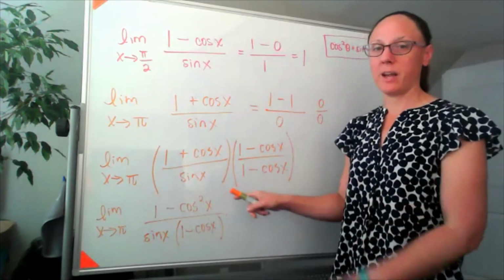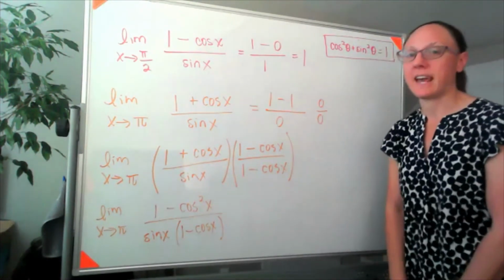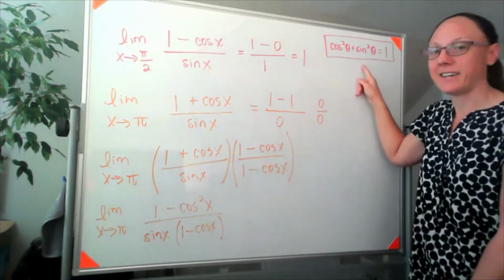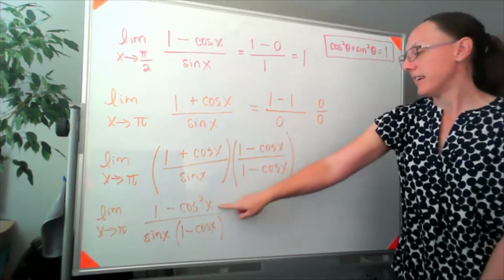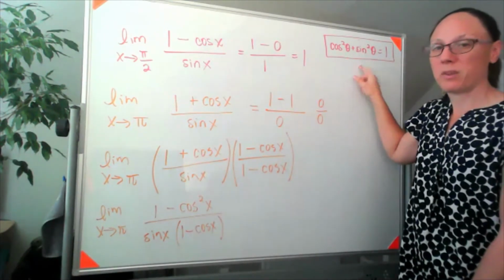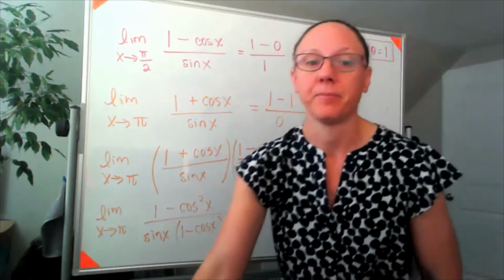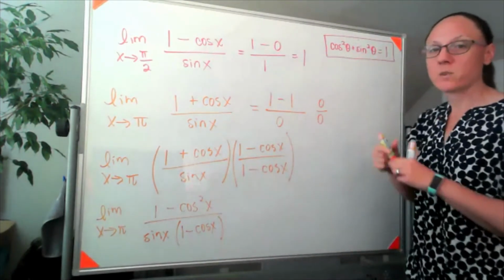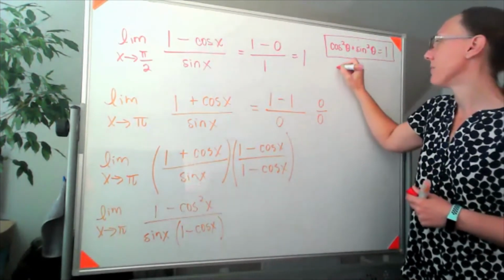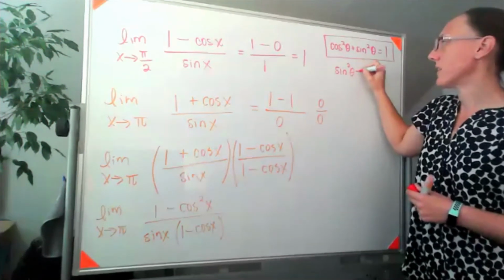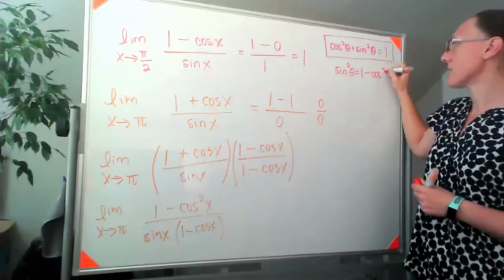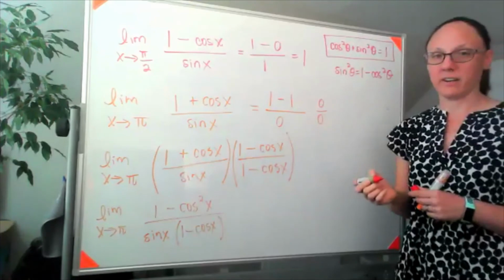Well, at this point, I'm going to look at my numerator and say, oh, hey, that's kind of neat. This is a manipulation of this identity. So if I subtract cosine squared from both sides, sine squared theta is equal to 1 minus cosine squared theta.